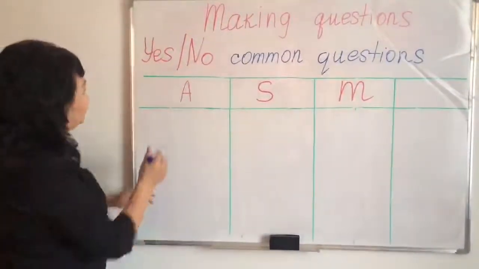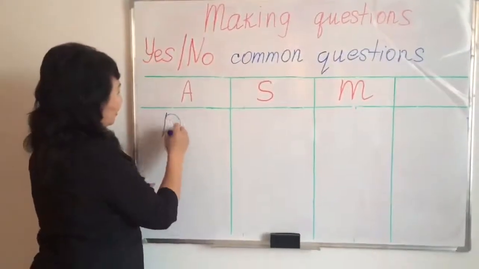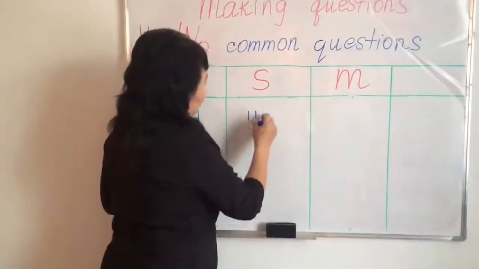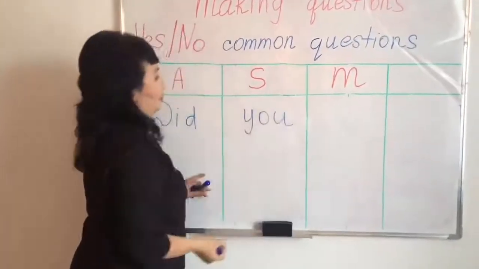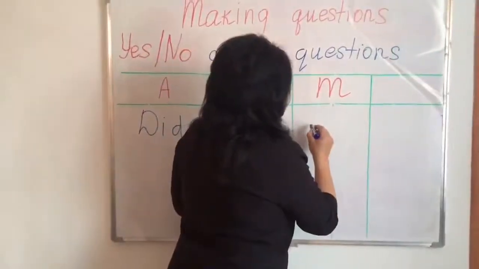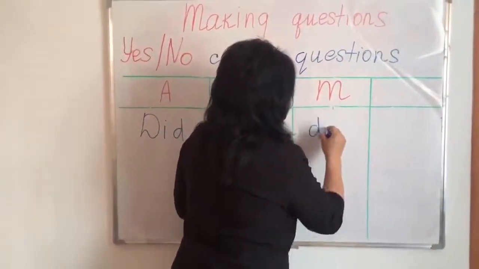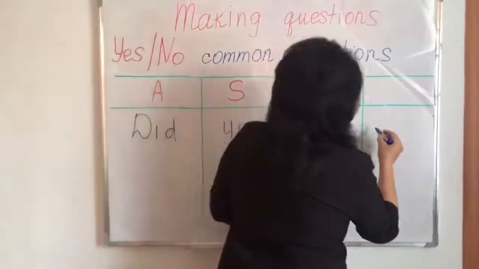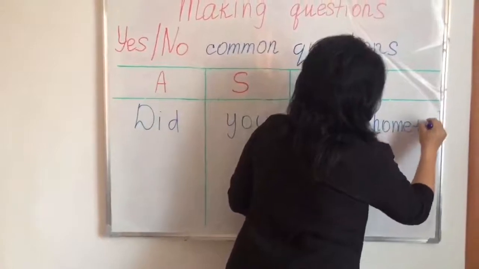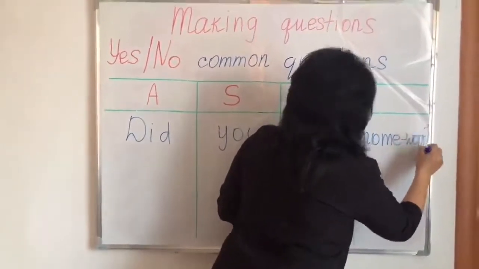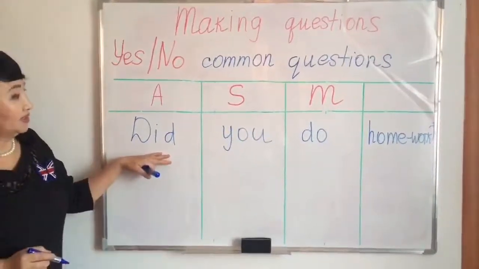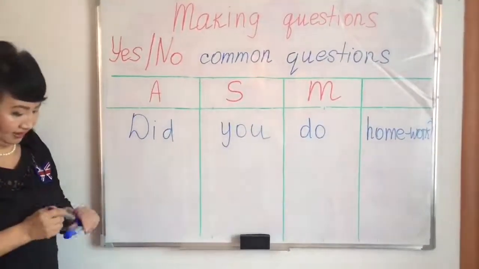For example, did you do homework: did is the auxiliary, you the subject, and do the main verb. It is the structure of past tense.